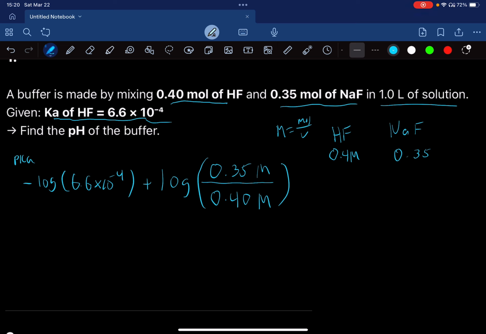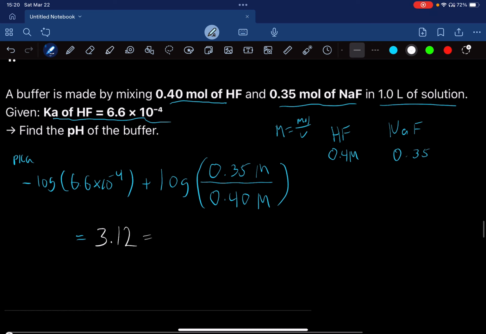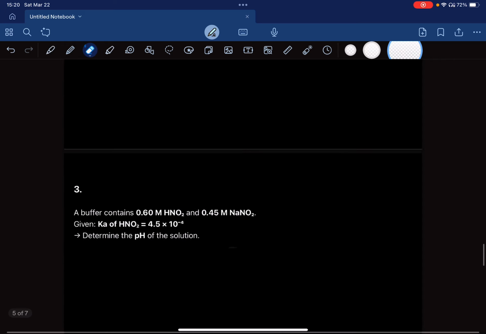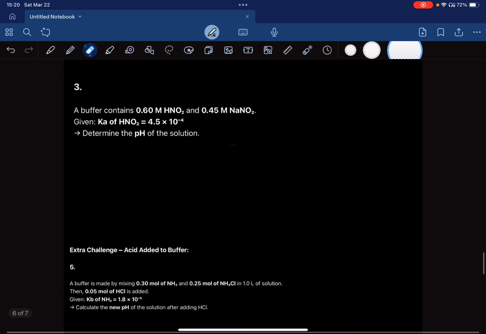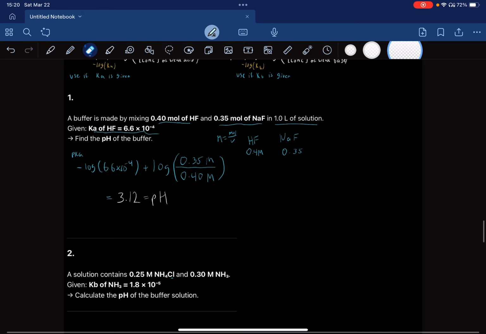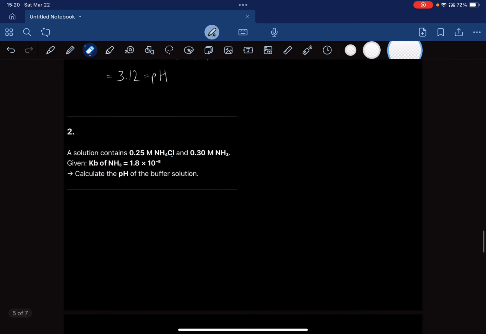And what I got is 3.12. And because this is the acidic constant, this is our pH. Let's verify our answer using the answer key, which is on this page. 3.12, correct. All right, now let's move on to the second question.